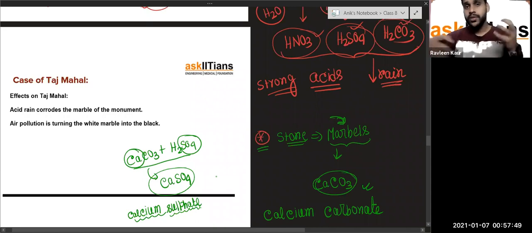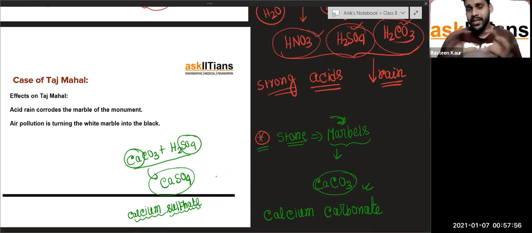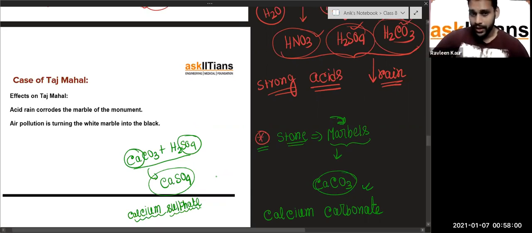Most students would tell you that the acid rain is falling onto the Taj Mahal and something is happening, and it is just fading away. But let me tell you what is actually happening. The Taj Mahal is made up of calcium carbonate only, and it is reacting with H2SO4. Together they make CaSO4, which is called calcium sulfate.